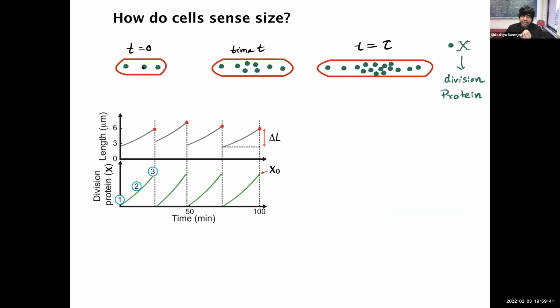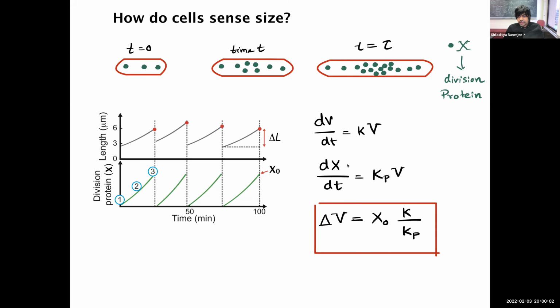So let's imagine there are some molecules called division proteins, and these are labeled by these green dots here, right? And as the cell grows, the division proteins also grow because as you grow, you make more stuff, okay? So you have more ribosomes that make more proteins, right? So the rule works like this. The cell grows exponentially, and this division protein X, which is the number of these division proteins, grows in proportion to the volume.